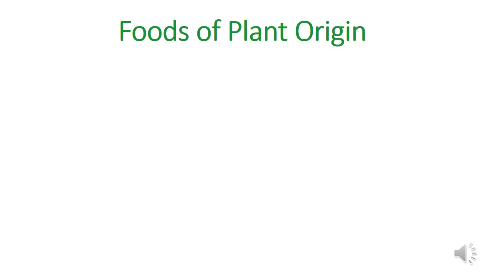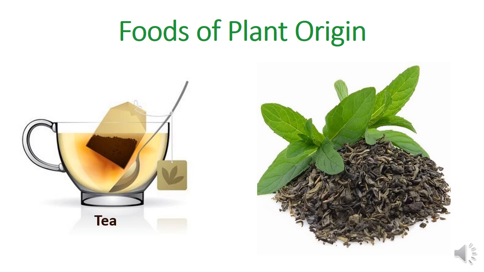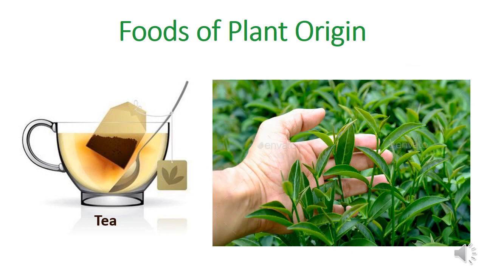What else do we have? The tea. Do you know what is the origin of tea? The tea is actually a leaf and we dry it up and make it tea. So this is the plant for the tea and these are the tea leaves. So the tea that we drink is also of plant origin.